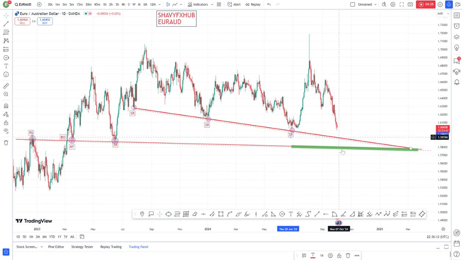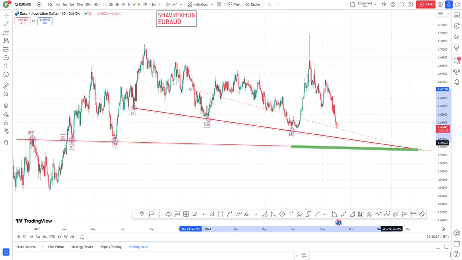I expect price to play back into the zone, and we also look if we can find another break and retest. Can we find one? Yes, we can. We already found one, and the one we found will give us a buy opportunity for tomorrow.